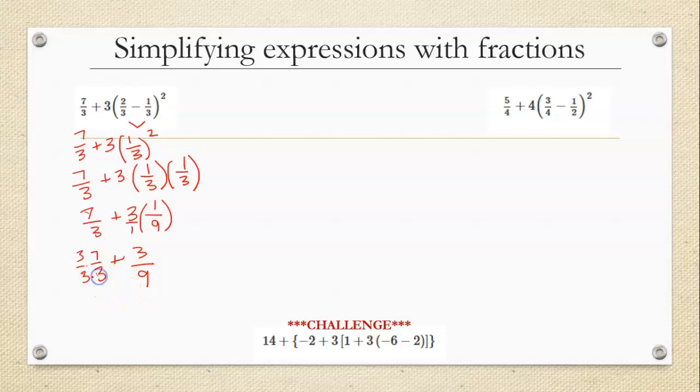So sometimes it's easier to do it that way. You're just trying to make the denominators match. So here we have 21/9 plus 3/9. You do not have to change both fractions. What you do have to do is if you multiply one by something, you have to do it to the top as well. So we end up with 24/9.